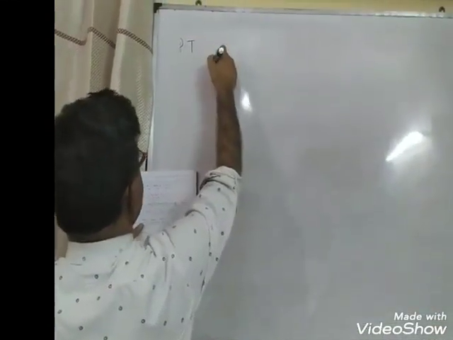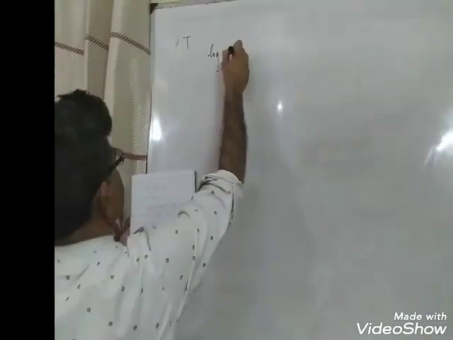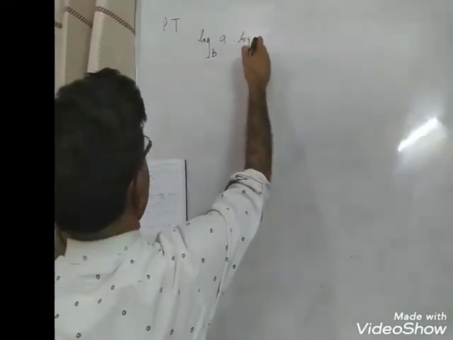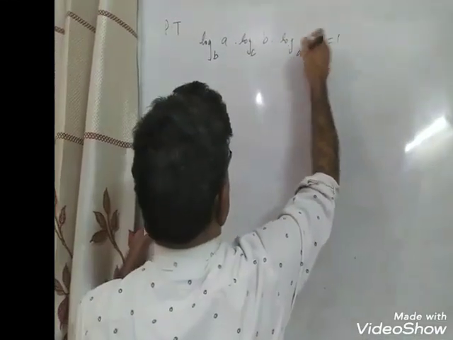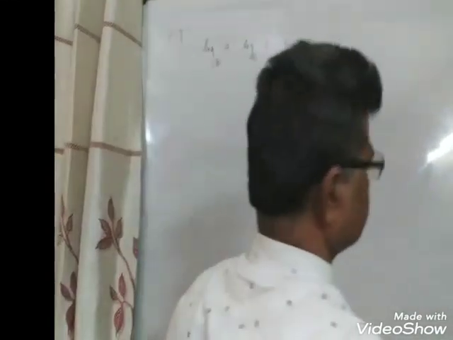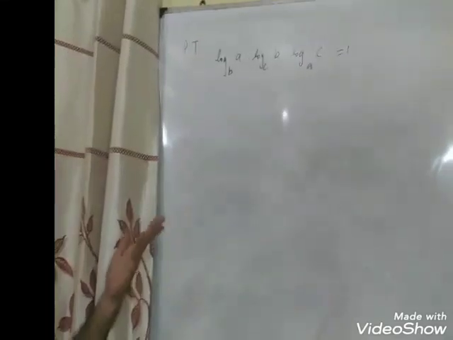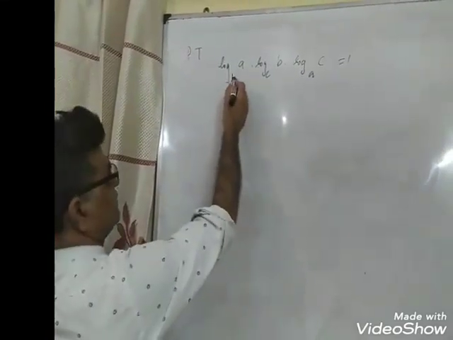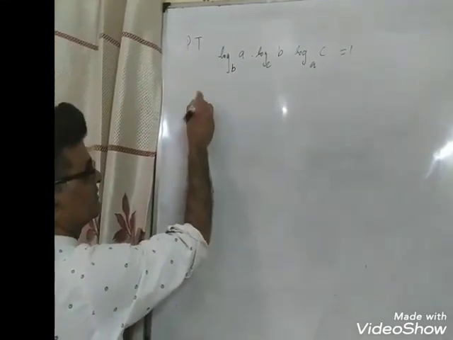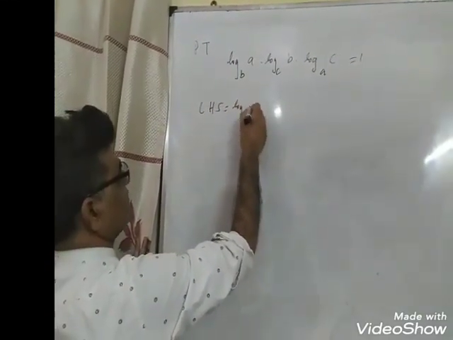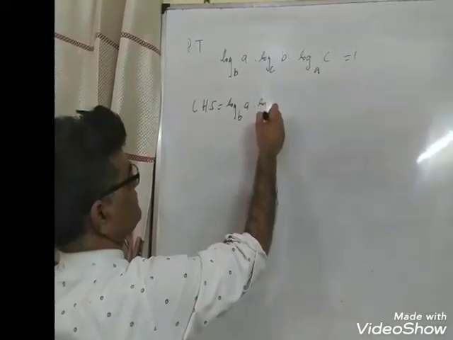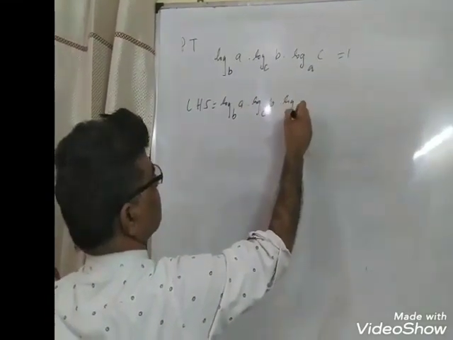Prove that log base b of a into log base c of b into log base a of c equals 1. Then how to prove it? Now we can see that we can change the base. We are taking the left hand side, log base b of a, log base c of b, log base a of c.